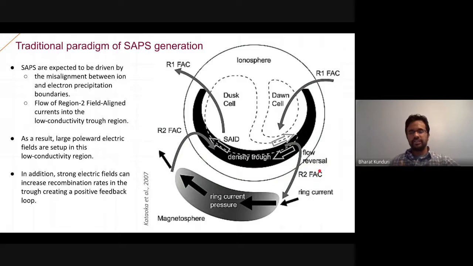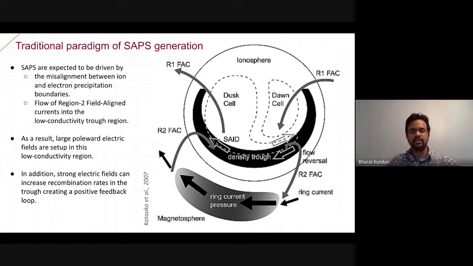So what's producing these high-speed subauroral flows that are distinct from the two-cell convection pattern? I would divide that into two separate components. One is a magnetospheric contribution, and another is the ionospheric contribution. The magnetospheric contribution is expected to come from two factors.